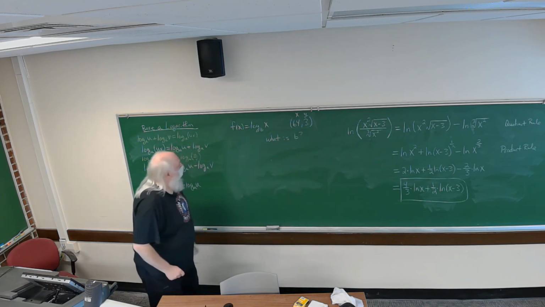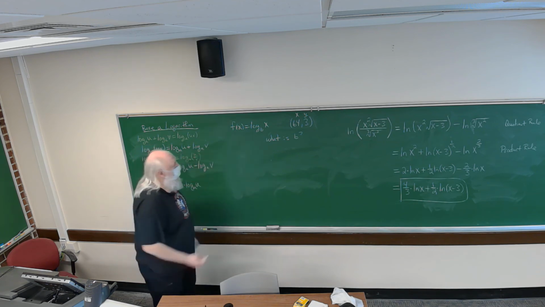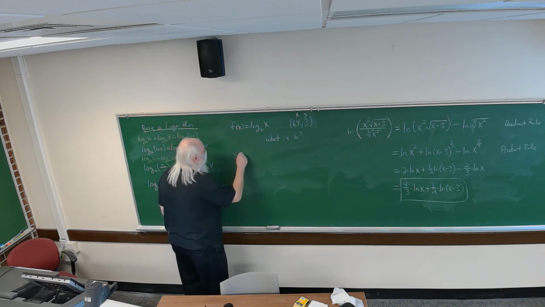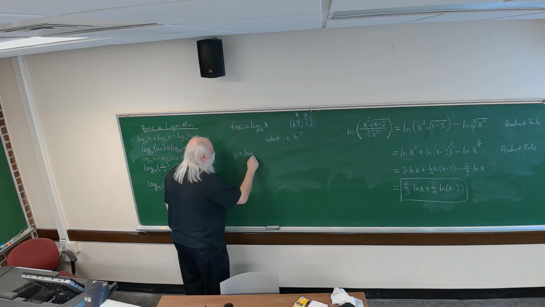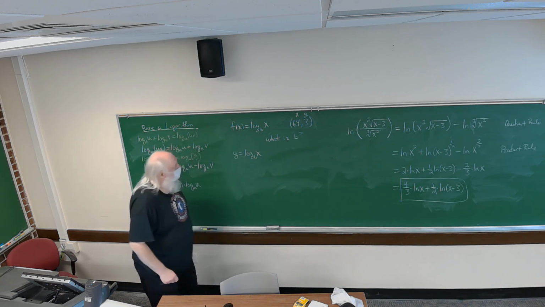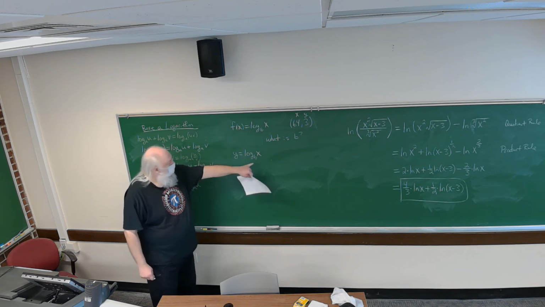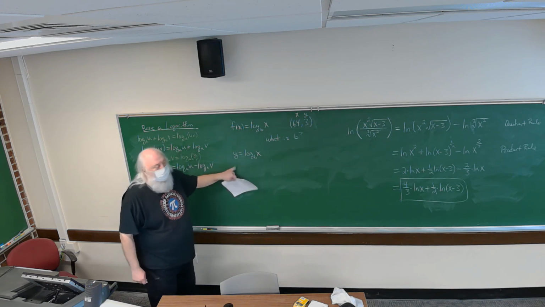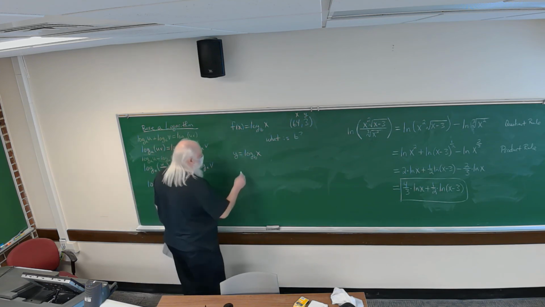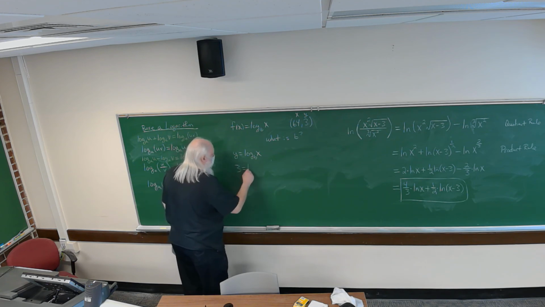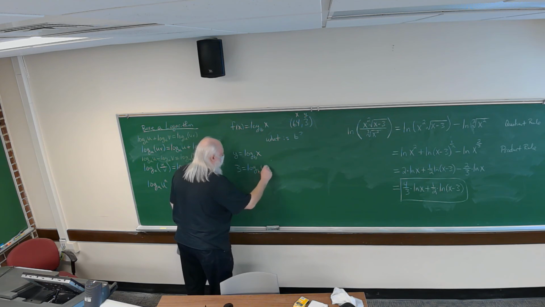Well, first step, replace f of x with y. So we have y is equal to log base b of x. And now we use the point to put in for x and y. Y is 3. X is 64.